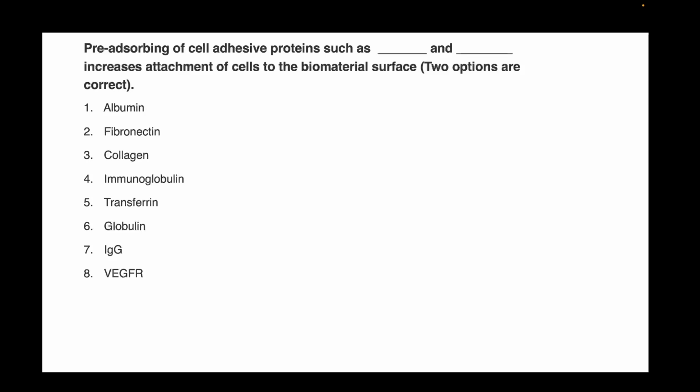Pre-adsorbing of cell adhesive proteins such as dash and dash increases attachment of cells to the biomaterial surface. You have to select two correct options here. Options are albumin, fibronectin, collagen, immunoglobulin, transferrin, globulin, IgG, or VEGF receptors.